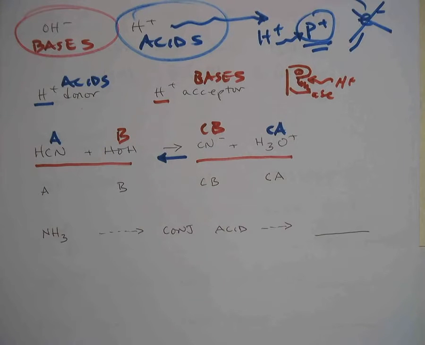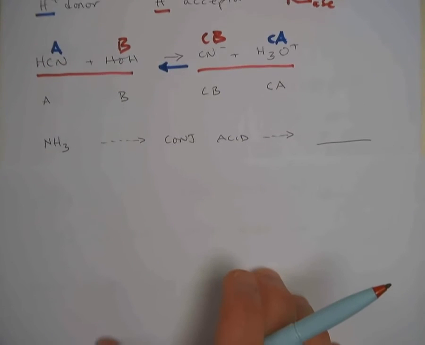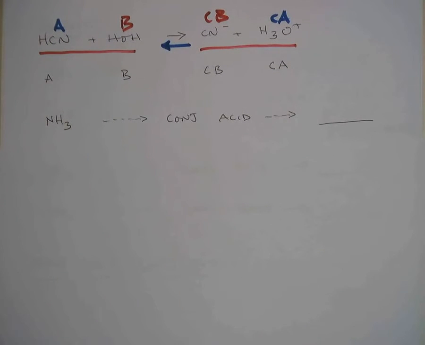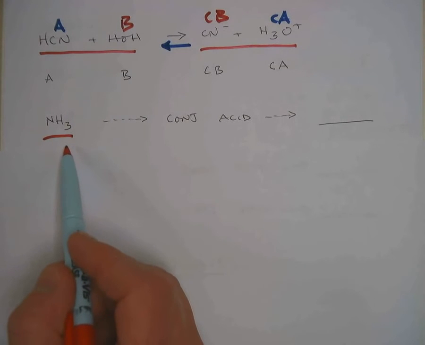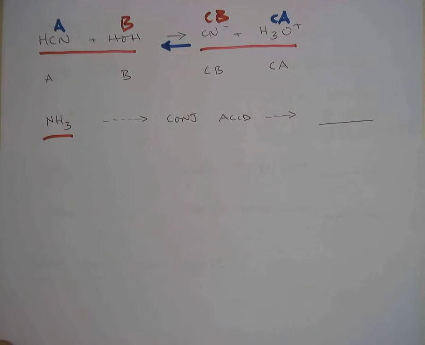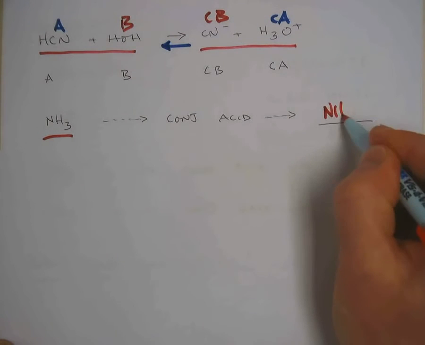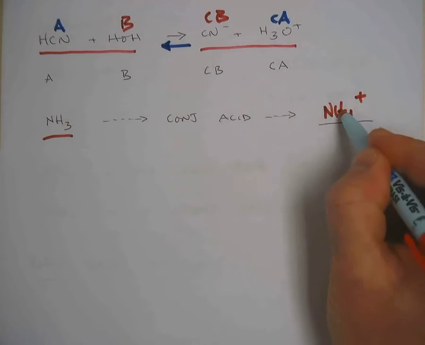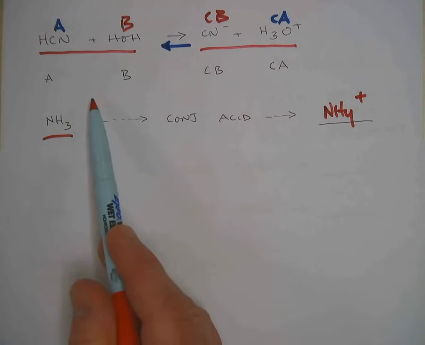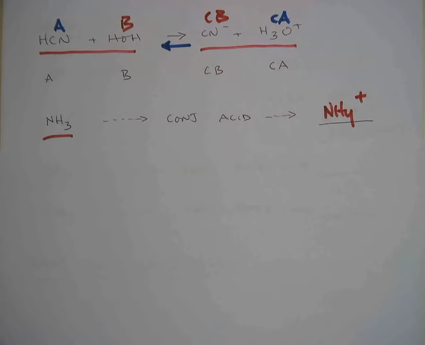Now, you should also be able to identify acids, bases, and conjugates just by looking at the formula. So, for example, here's a base known as ammonia, NH3. What is the conjugate acid of ammonia? Well, bases are good proton acceptors, and so the conjugate acid would be NH4 with a +1 higher charge. And since it's charged 0 here, it becomes NH4 positive 1.